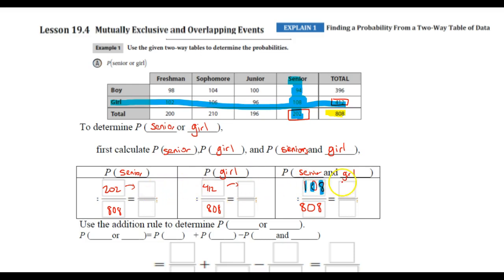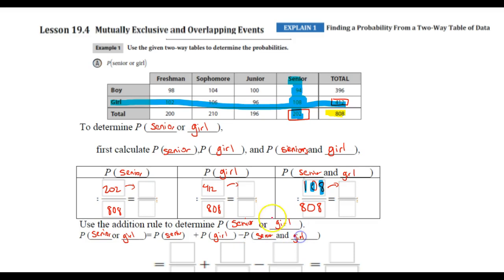And now we're going to use our Desmos calculator to reduce all these fractions for us, so that we can determine the probability of a senior or a girl by taking the values we found: the probability of a senior, plus the probability of a girl, taking away the probability of a senior and a girl.